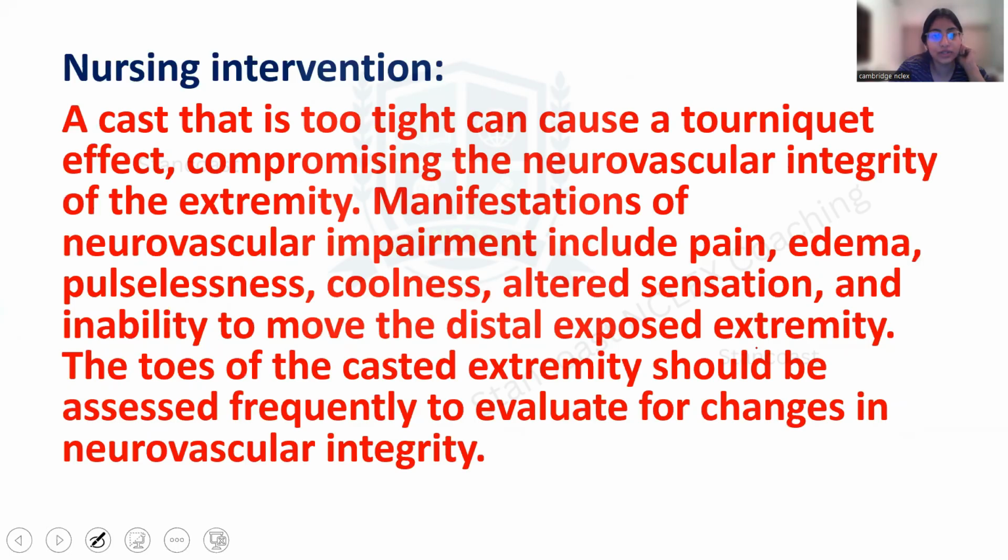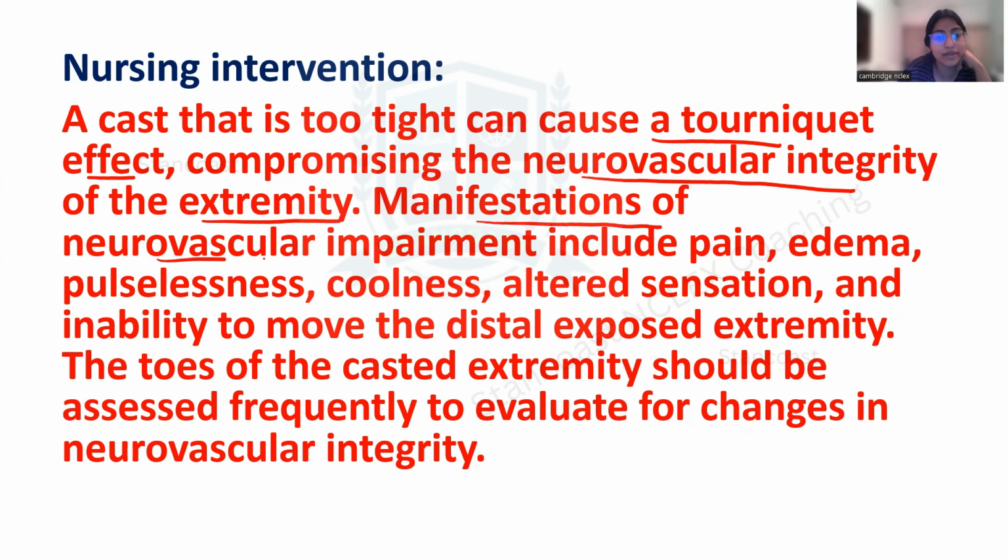Now let's move to question number 14. Before that, let's read what this says about this question. A cast that is too tight can cause a tourniquet effect. A tourniquet effect can be seen when the cast is too tight, compromising the neurovascular integrity of the extremity.